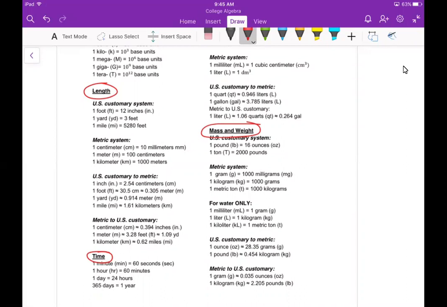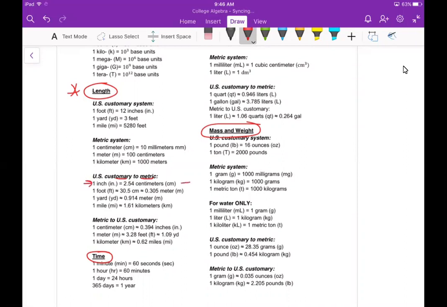So what this is going to help you with is getting to those conversions. And that one we were just looking at, we wanted to go from inches to centimeters. So that's going to be under length, because inches and centimeters measure length. And I'm going from the US customary system to the metric system in length. I'm going from inches to centimeters.